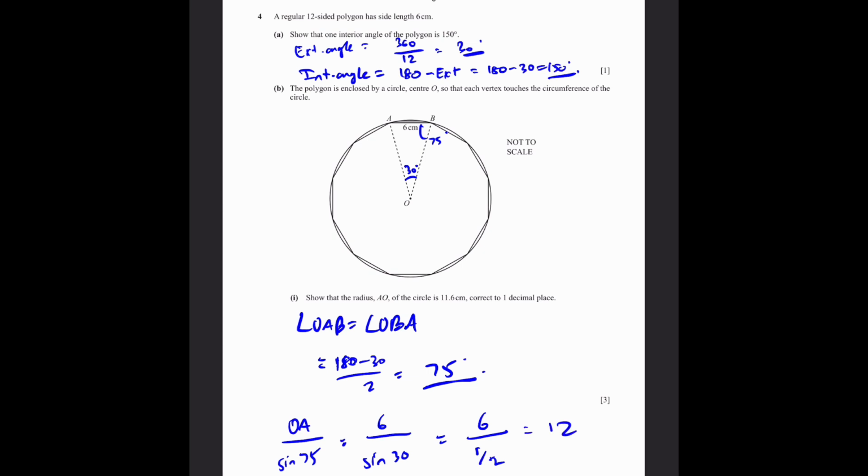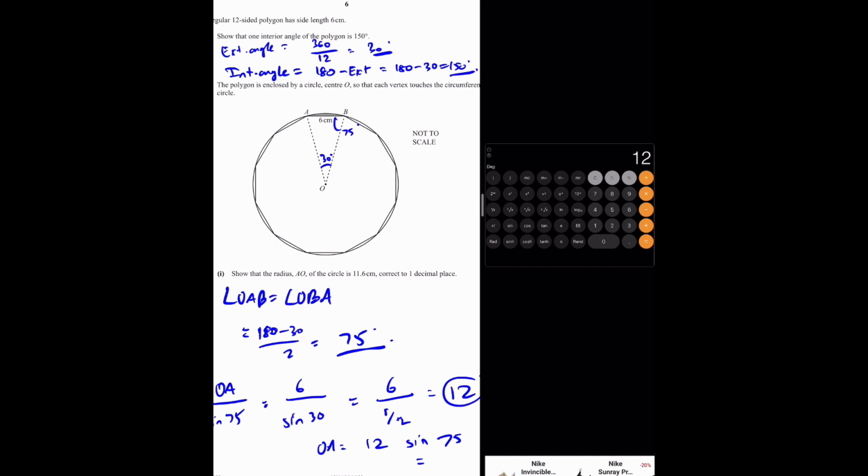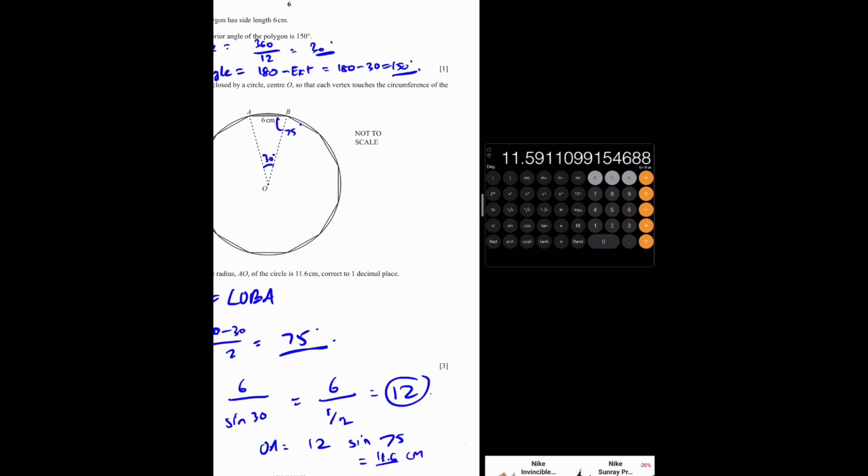So that's 12. So OA is equal to 12 times sine 75. And that's going to be, using our calculator, 12 times sine 75, 11.6 centimeters to 1 decimal place.